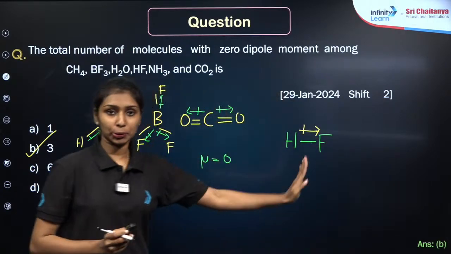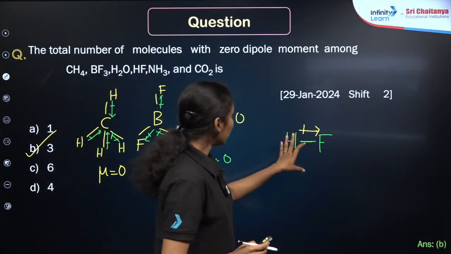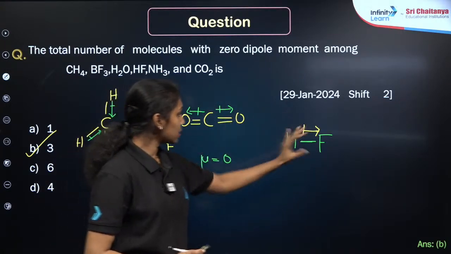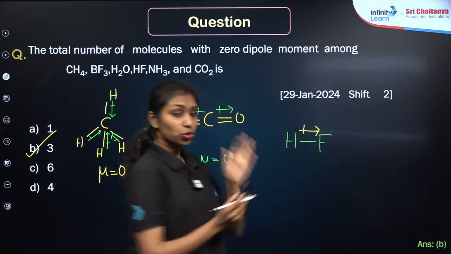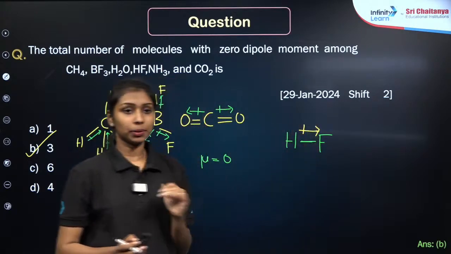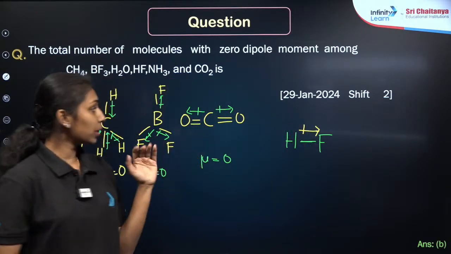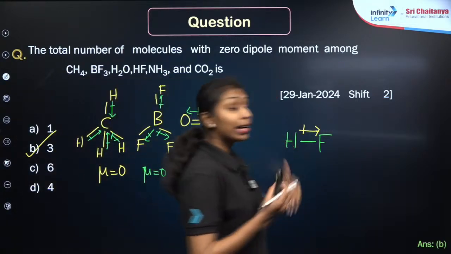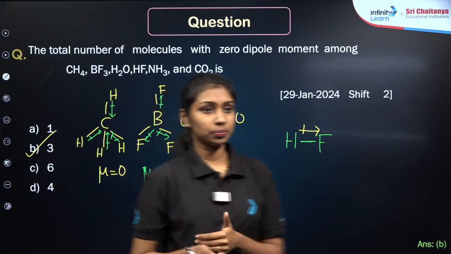Fluorine is more electronegative, right? So hydrogen has the less electronegativity. So fluorine is attracting the electron pair more towards itself. So the dipole moment is towards the fluorine atom, which means that there is no zero dipole moment. It experiences some dipole moment in the Debye order, right? Clear?